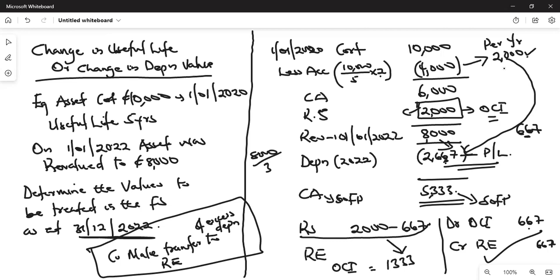And then we had a depreciation of 2,667. I was thinking that if we want the transfer now, the transfer of the excess depreciation, it would have been 2,667 minus 2,000. Yes, that is what we did.